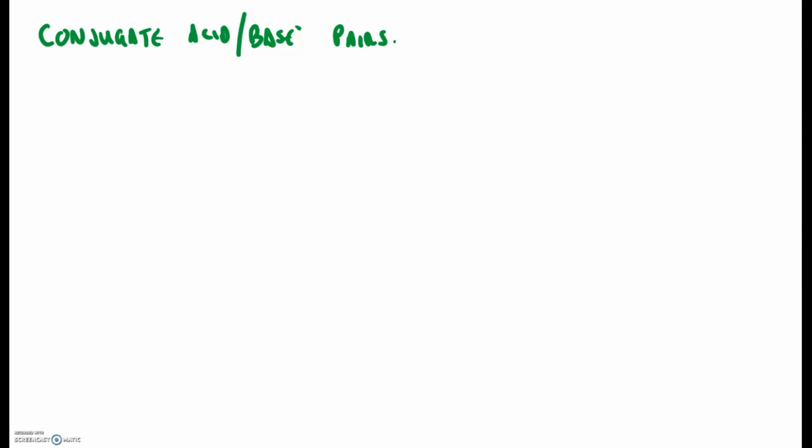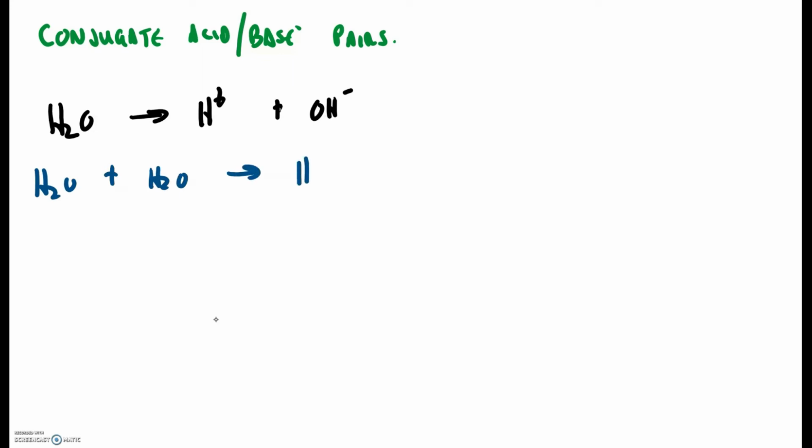At the very beginning of chapter 14, we described that water sitting on the table would auto-ionize into H plus and OH minus. But we wrote it another way. We said that you could take two molecules of water, and what you'd get was called the hydronium ion and OH minus. And these two were two different ways of saying the same thing.